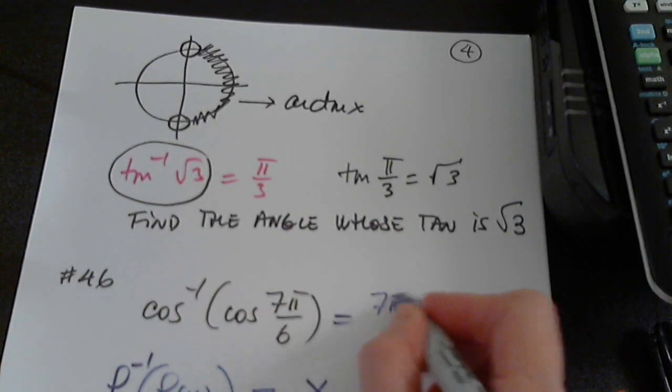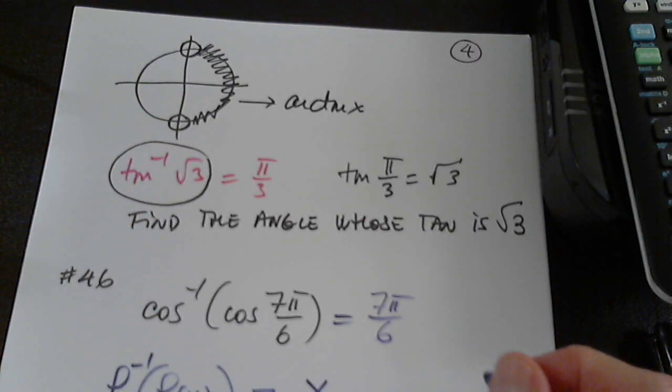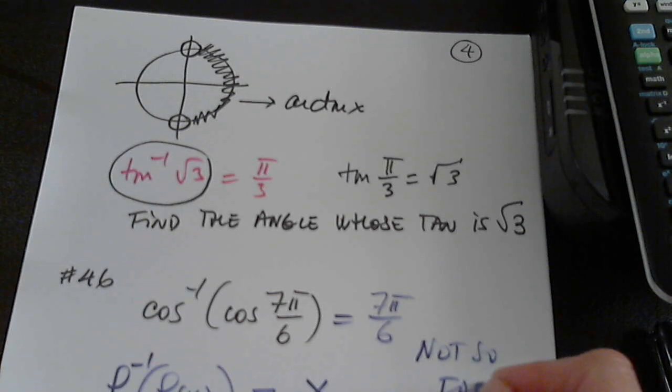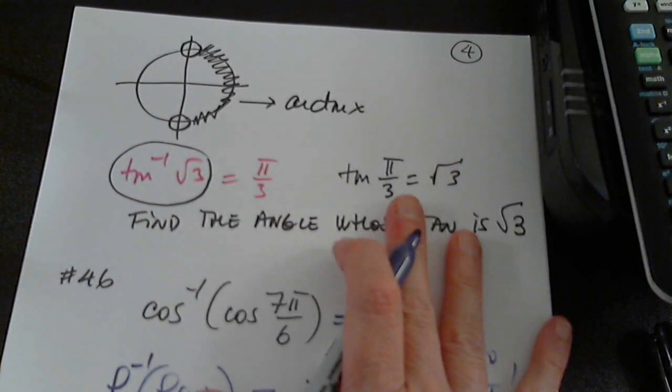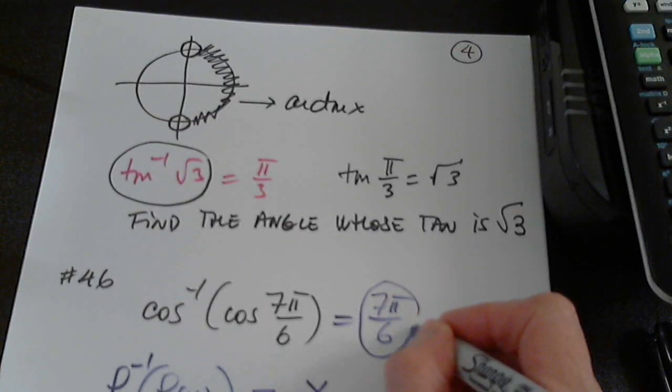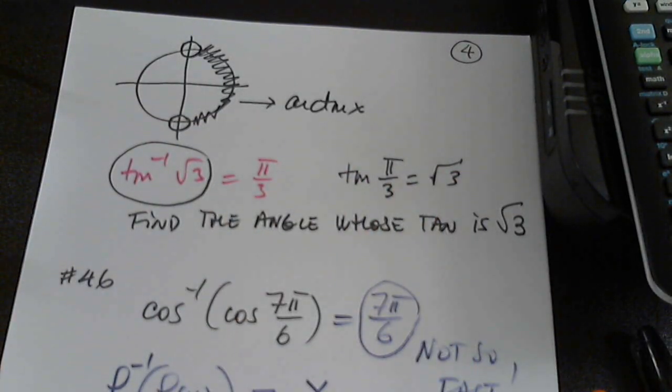So I am tempted to say, it's the inverse function of the function of 7 pi over 6. This is 7 pi over 6. And the answer is: not so fast. Because it's true only if 7 pi over 6 is where it should be.